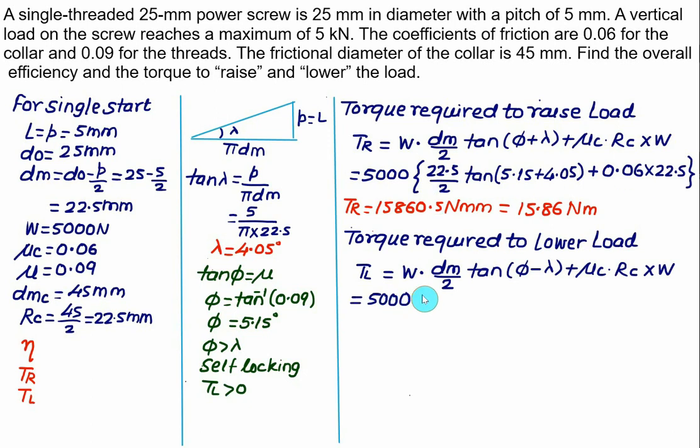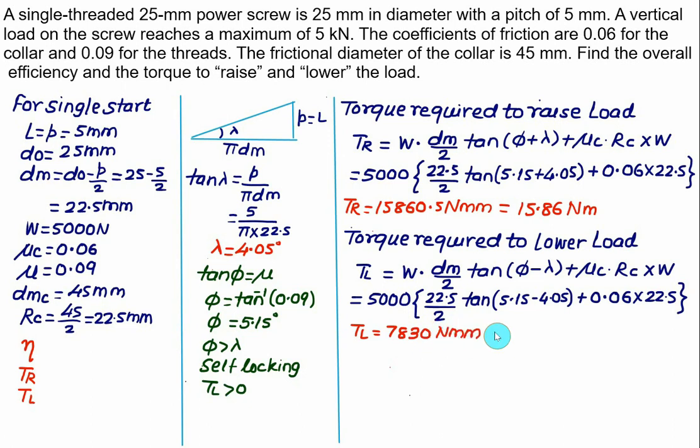So just copy down this 5000 into 22.5 divided by 2 into tan of phi, which is 5.15, minus lambda, which is 4.05, plus the collar friction coefficient 0.06 multiplied by RC equal to 22.5. W is already taken common. So the torque required to lower the load is 7830 Newton mm. So a very low value is required to lower the load, equal to 7.83 Newton meter.